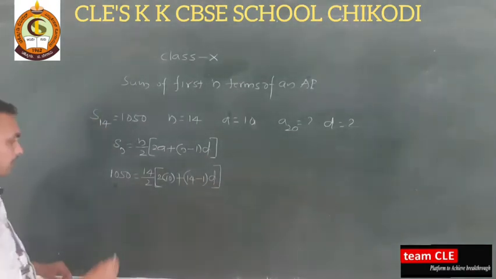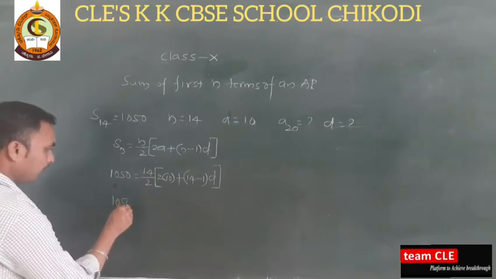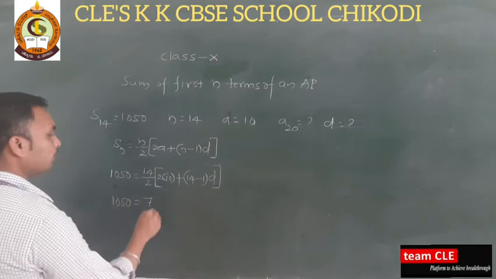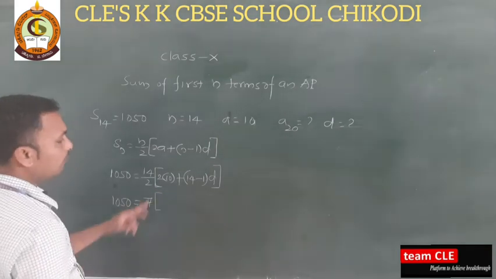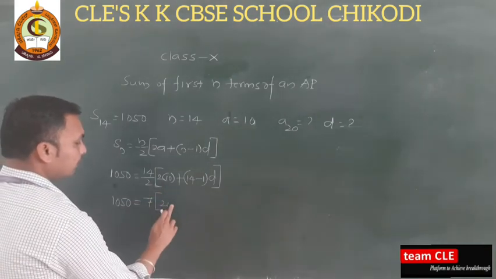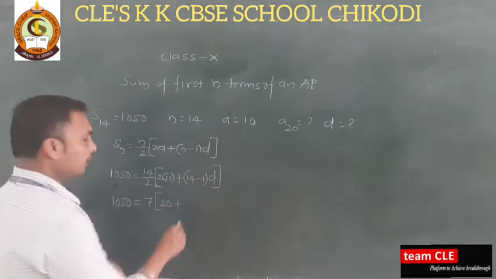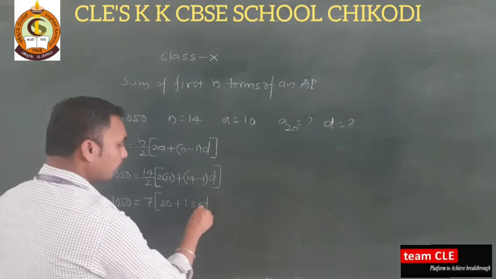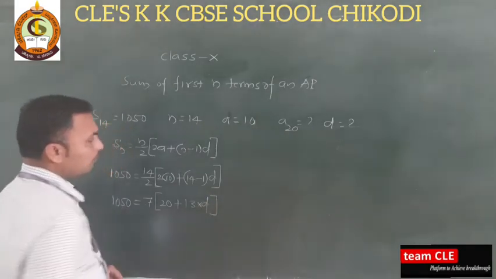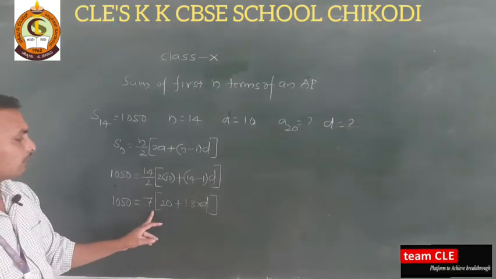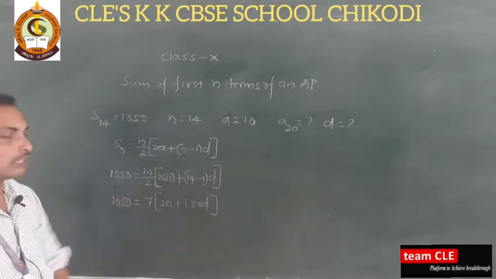So 1050 is equal to 2 sevens are 14, so 7 into bracket of 2 into 10, that is 20, plus 14 minus 1, which is 13 into d. Next step, we have 7 into bracket of 20 plus 13 into d here.